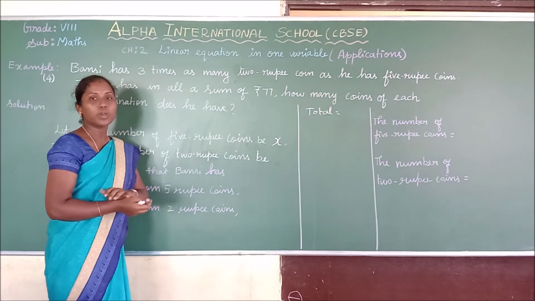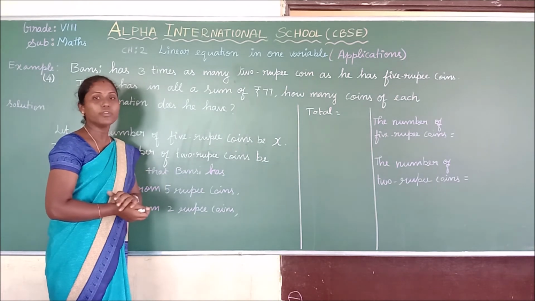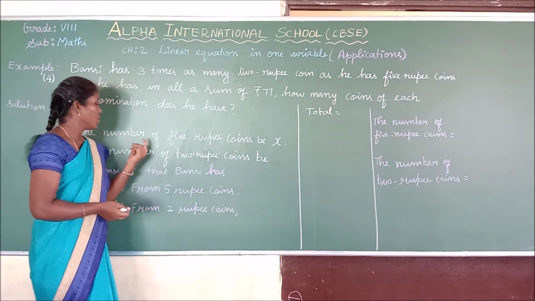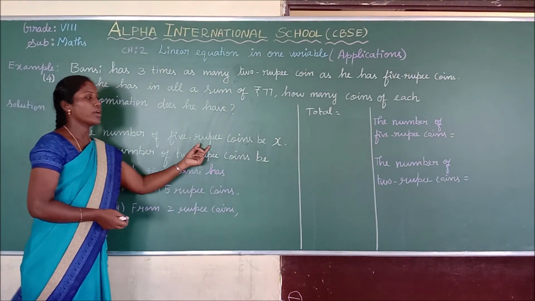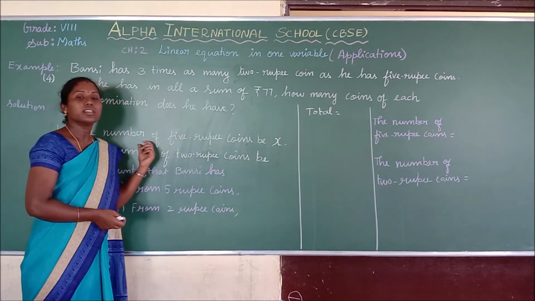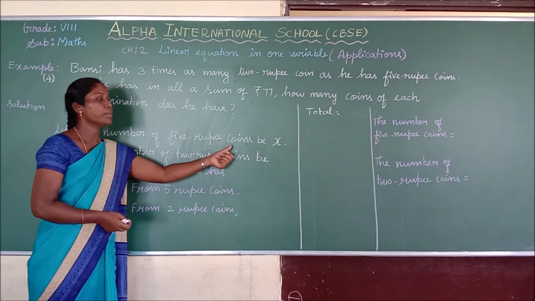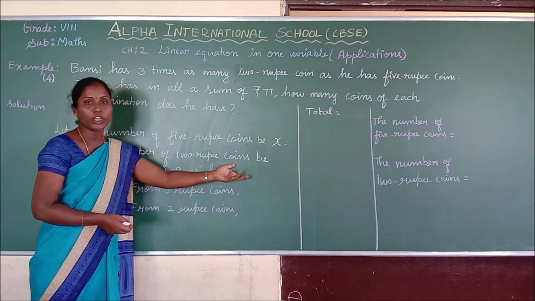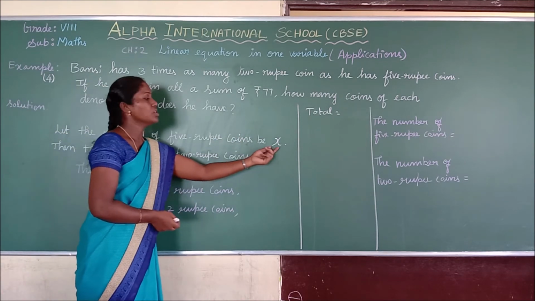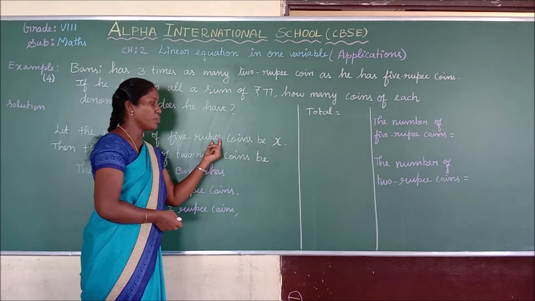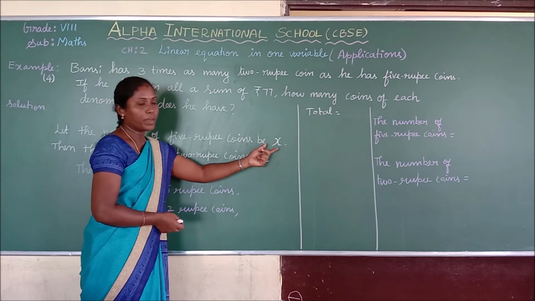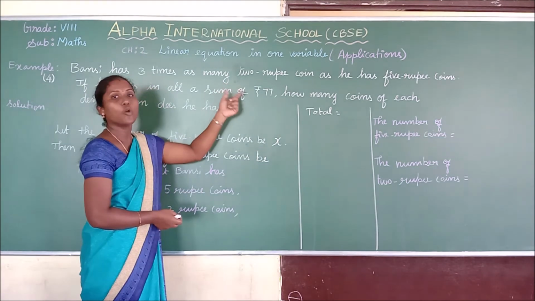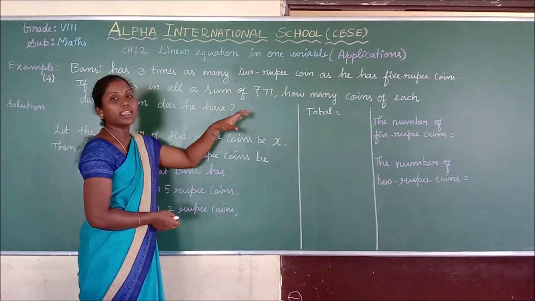So first we have to assign some variable for 5 rupee coins. So the number of 5 rupee coins be x. We are taking it as x because I don't know how many 5 rupee coins he has in his hand. Based on this only, we are going to determine how many 2 rupee coins he has.